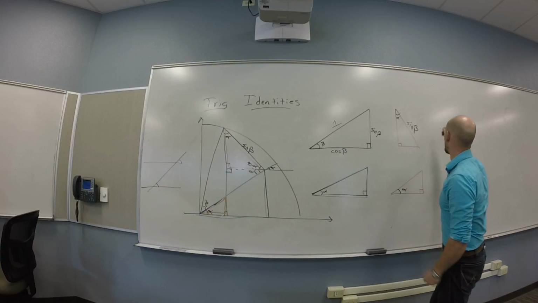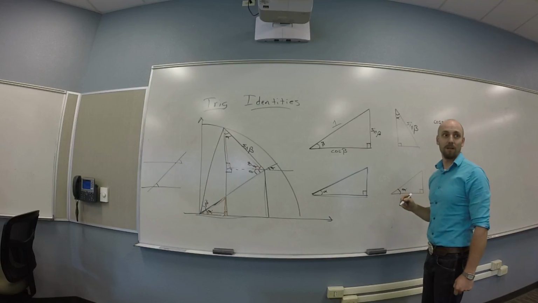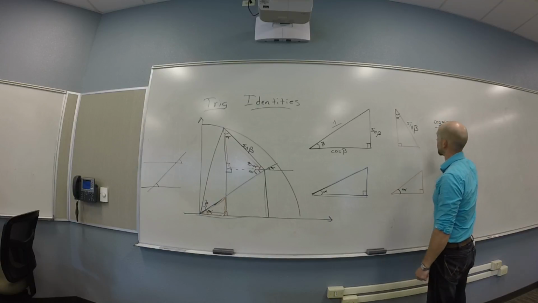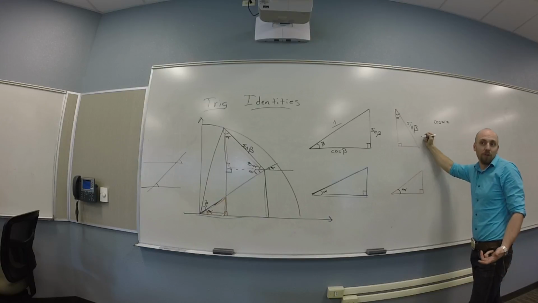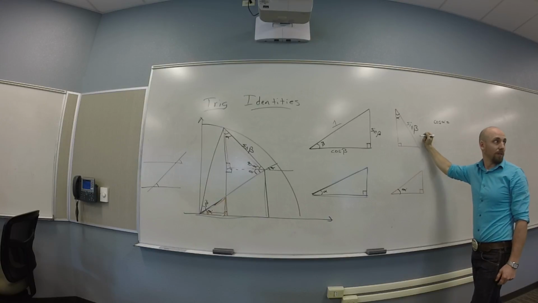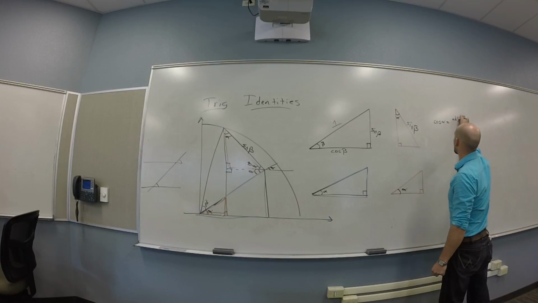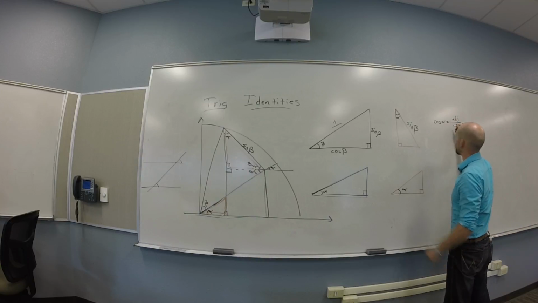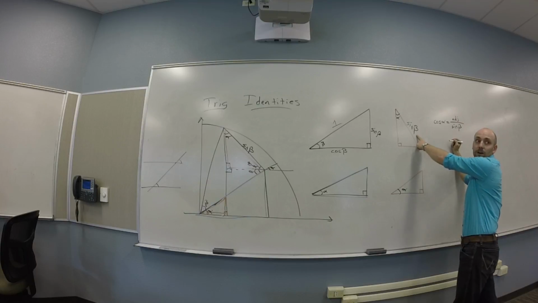Okay, how about this? What's cosine of alpha? What does cosine mean? It's going to give you adjacent over hypotenuse. Yeah, cosine should be the adjacent side divided by the hypotenuse. Well, the hypotenuse on this triangle is sine beta, right?